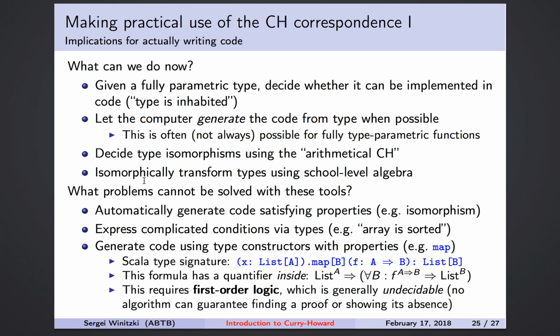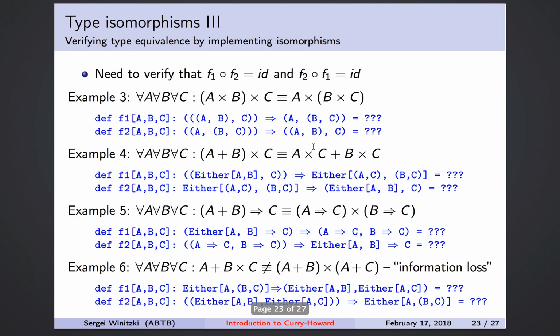What are the problems that we cannot solve using this knowledge? One thing we cannot do is to generate code automatically such that it will be an isomorphism. So, for instance, in an example here, we are able to generate automatically the code of these functions, but it will not be an isomorphism, and the LJT algorithm cannot check that this is an isomorphism.